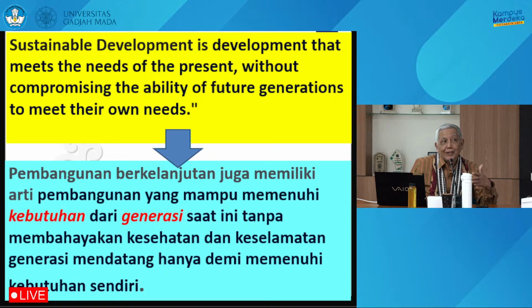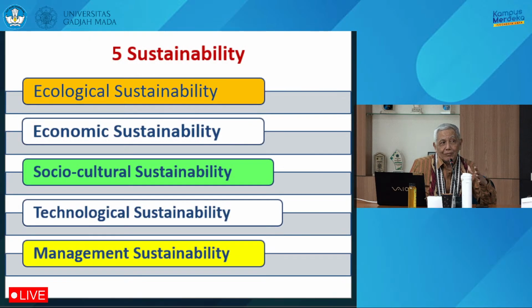So by now people move from fossil transportation to green transportation. There are 5 sustainability: ecological, economic, sociocultural, technological, and managerial.